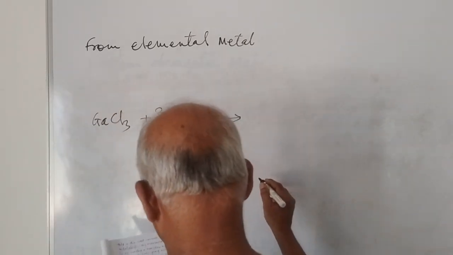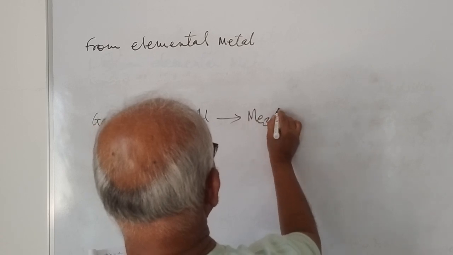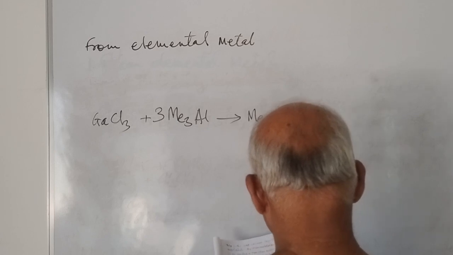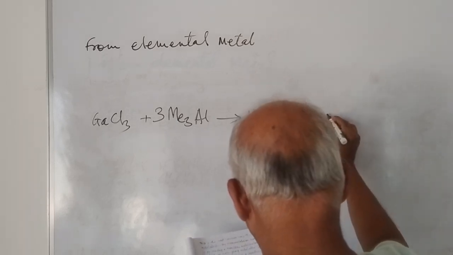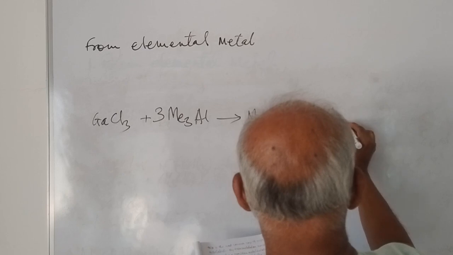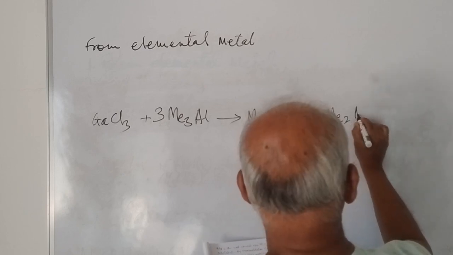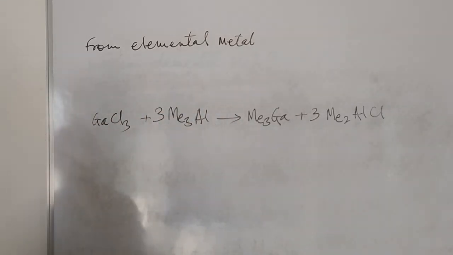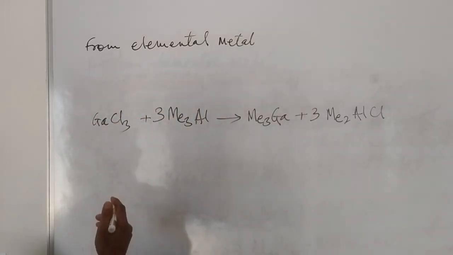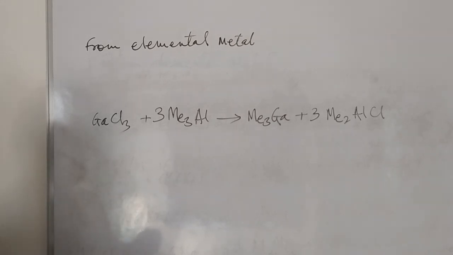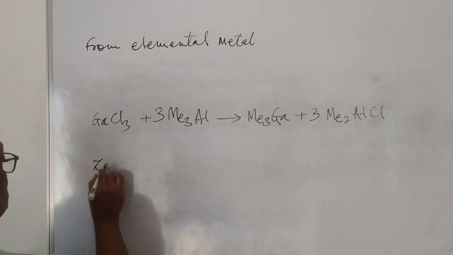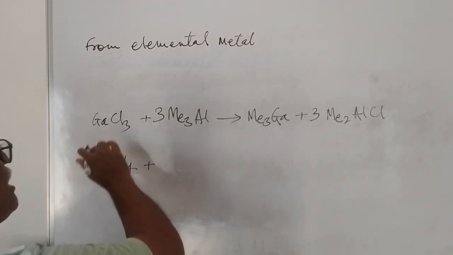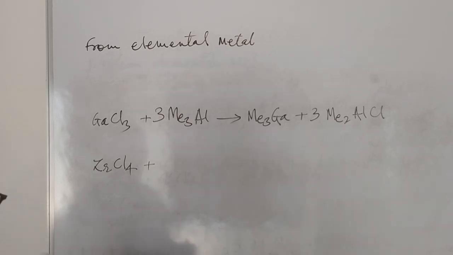So it gives gallium, that is Me3Ga plus thrice Me2AlCl. Then another example for the preparation of zircon organometallic compounds, we can use this zircon chloride ZrCl4. Means here we are mostly using the chlorides.